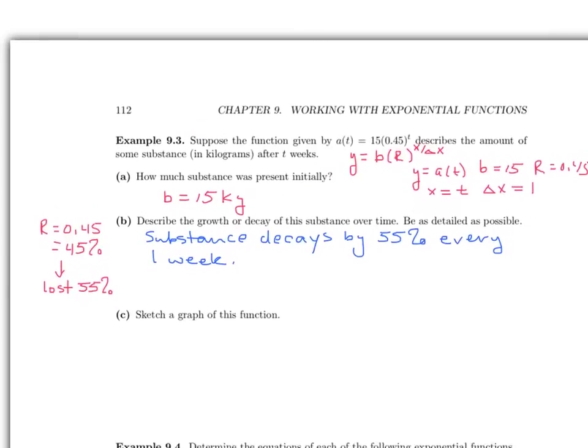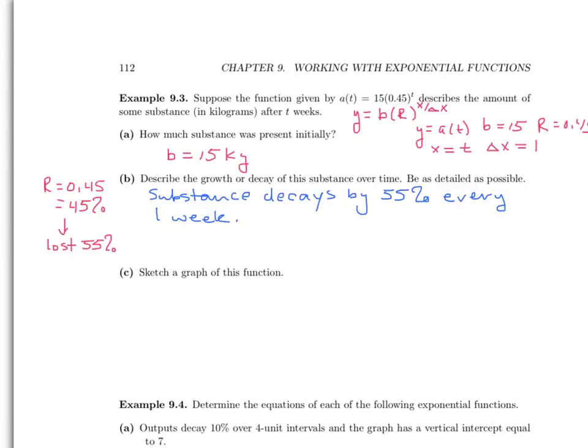Now let's go ahead and see what the graph of this function would look like. Recall that the horizontal axis represents the input variable, which here is t, or time, and the vertical axis represents the output, which would normally be y, but in this case is A of t.